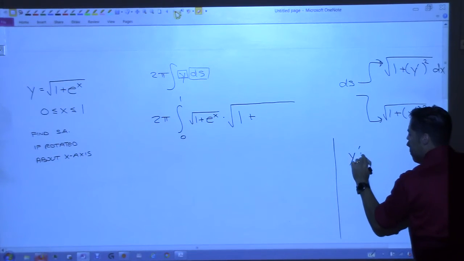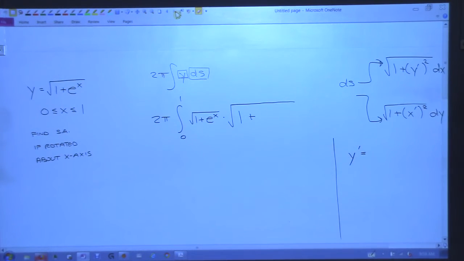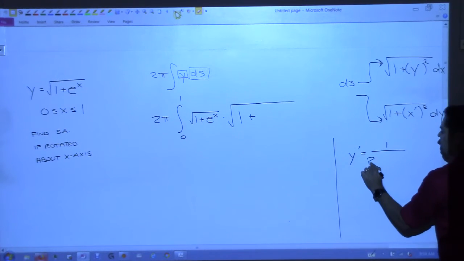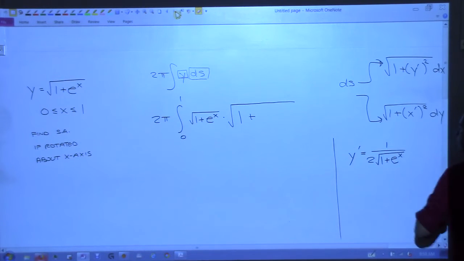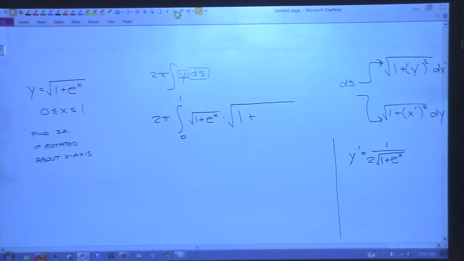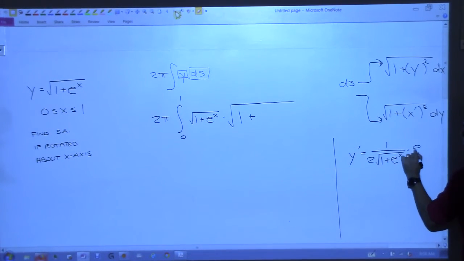What's y prime for us? So the derivative of the square root of something is 1 over 2 roots of that something. Now chain rule, derivative of what's inside? E to the x.